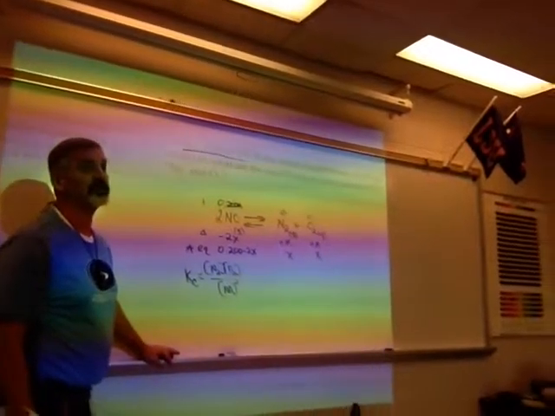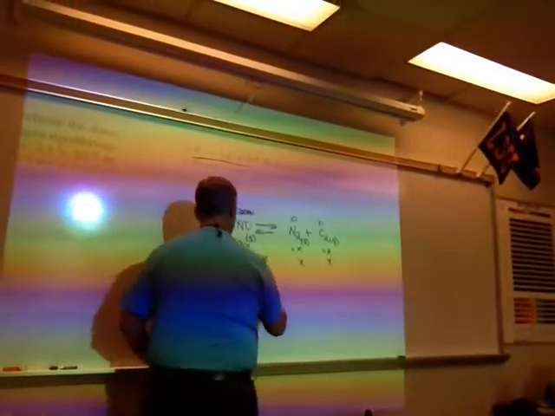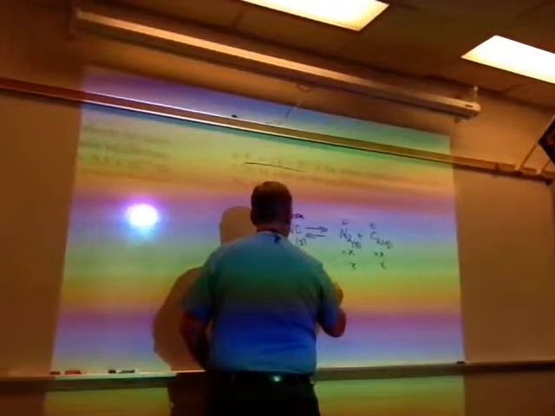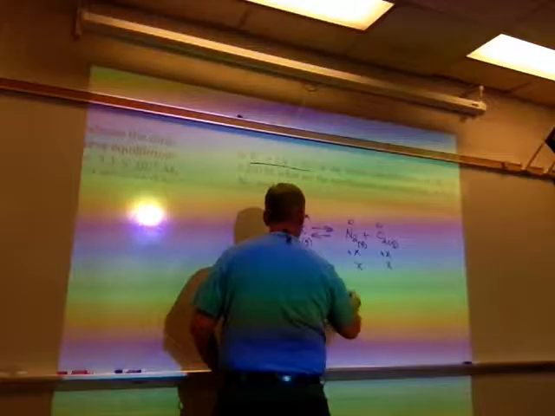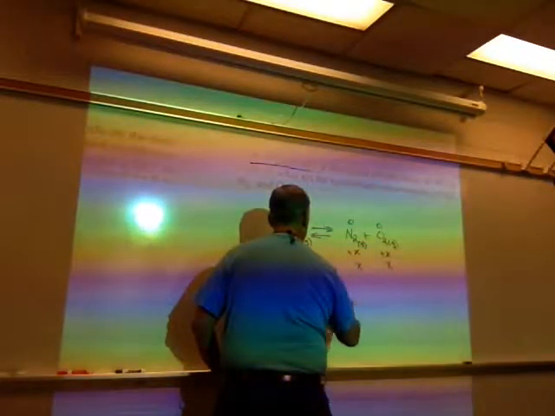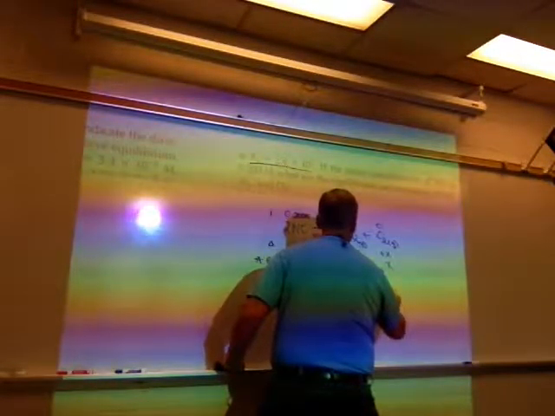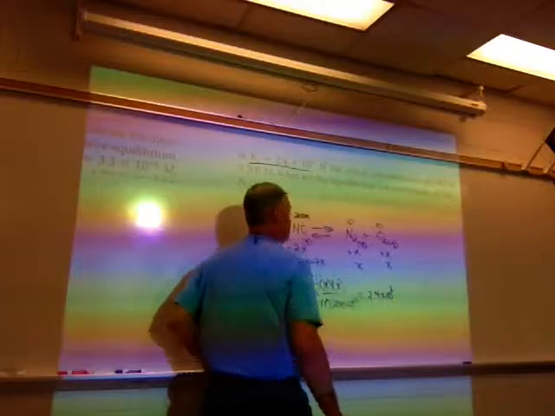So we really only have one variable now. Now we can plug this in: x times x all over (0.2 minus 2x) squared is going to equal 2.4 times 10 to the third.